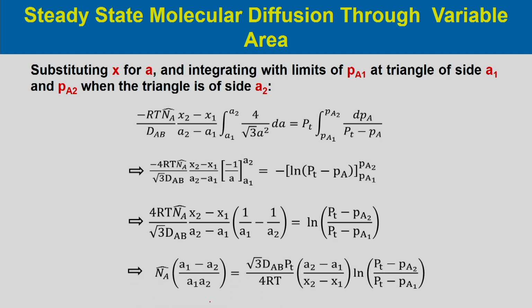If we simplify this, it would be equal to NA cap (A1 minus A2) divided by A1 into A2, which would be equal to root 3 DAB PT by 4 RT into (A2 minus A1) divided by (x2 minus x1) ln (PT minus PA2) by (PT minus PA1).